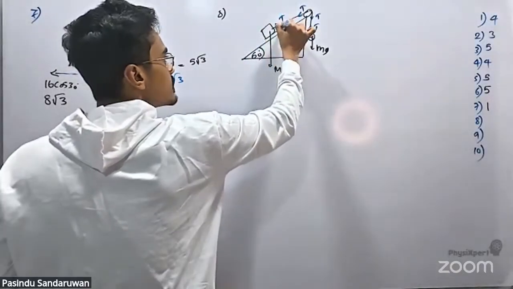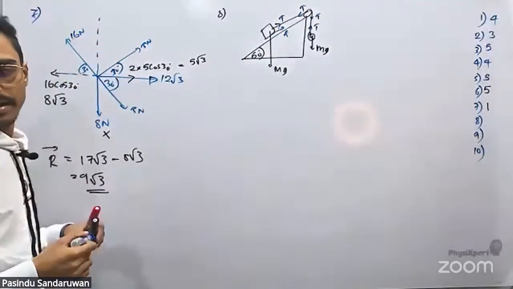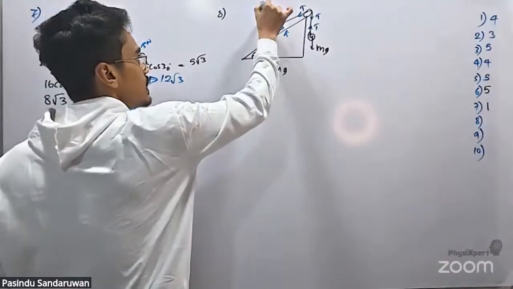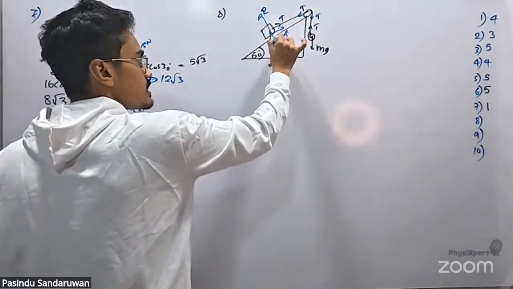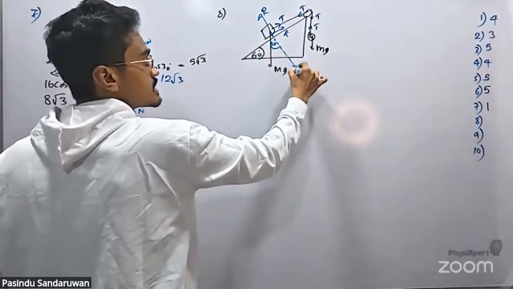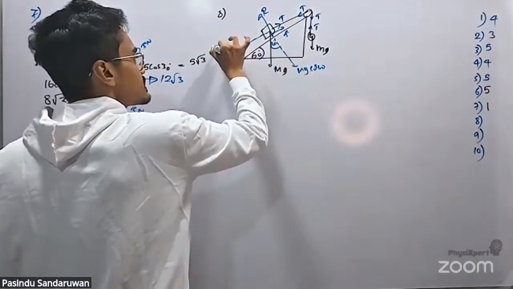Therefore, friction will be acting upwards. If you identify the resolved components, we have a reaction here, 60, and this is Mg cos 60, and this will be Mg sin 60.